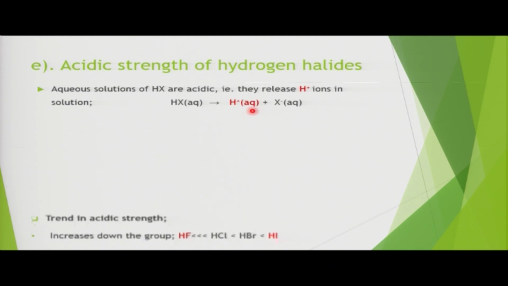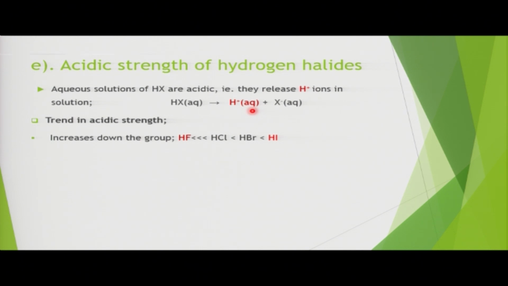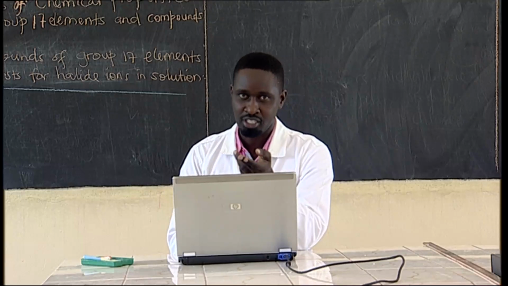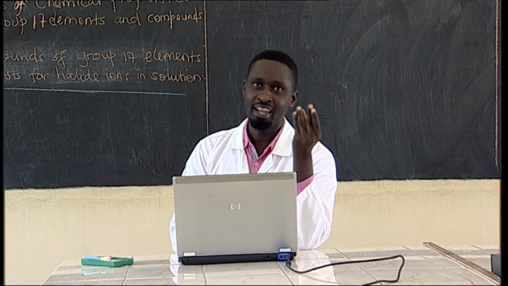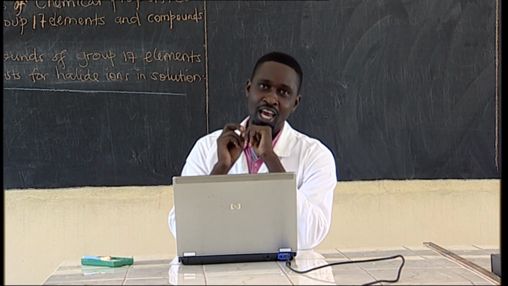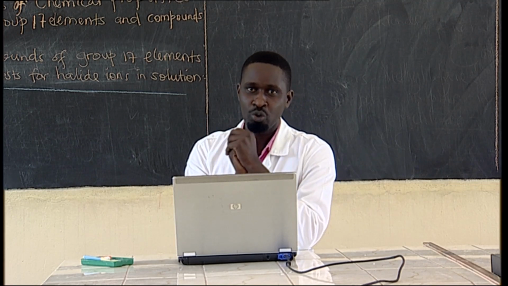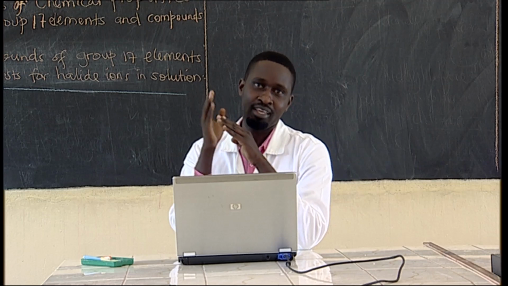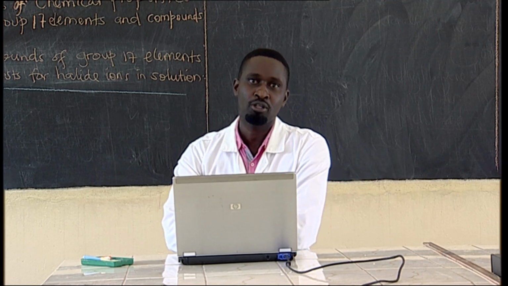So when we're talking of the acidic strength, we look at how this molecule is going to release hydrogen ions. If you have hydrogen fluoride, as you noticed, with its high energy required to break the bond, and hydrogen iodide, which one would easily set free hydrogen ions in solution?